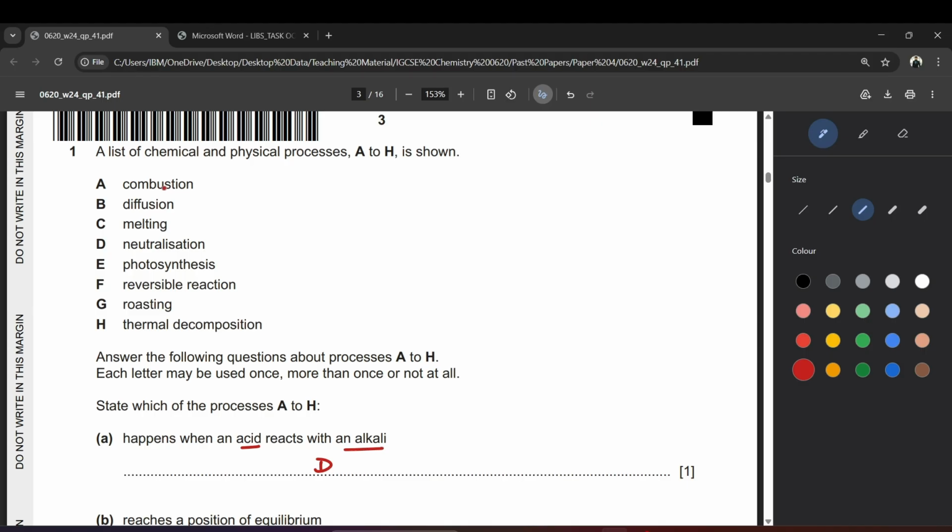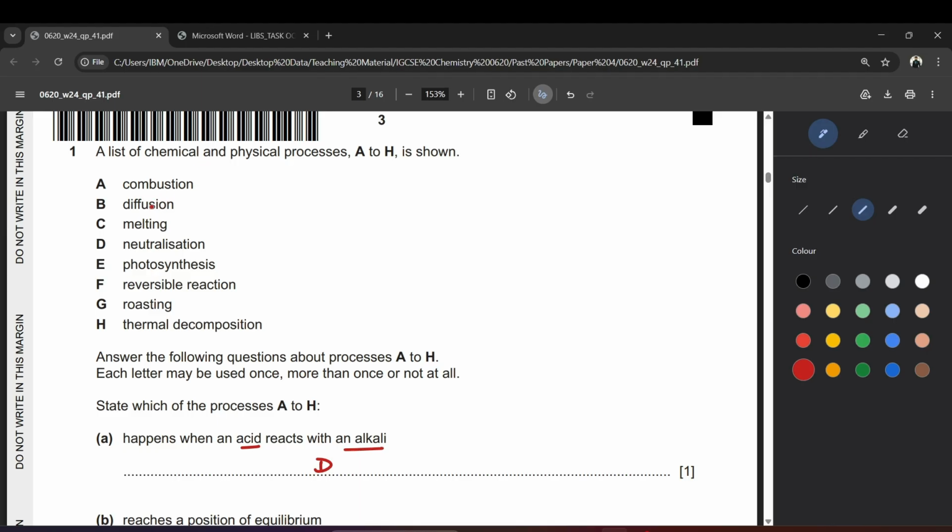So one of the ways in which you can distinguish is that in physical processes you do not get a new product, whereas in a chemical process you always get a new product. So for example, in combustion, okay, you will get carbon dioxide and water, or you can get carbon monoxide and water after combustion. But the main idea is that this is a chemical process. Okay, so combustion is not the answer.